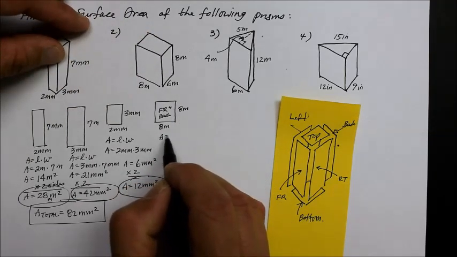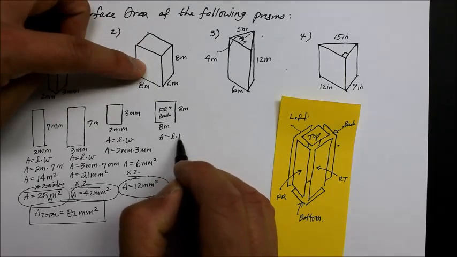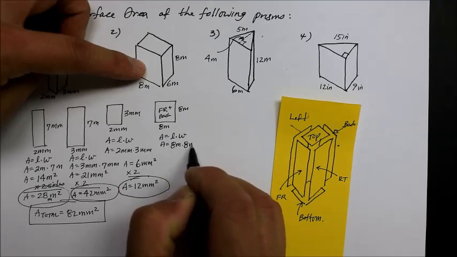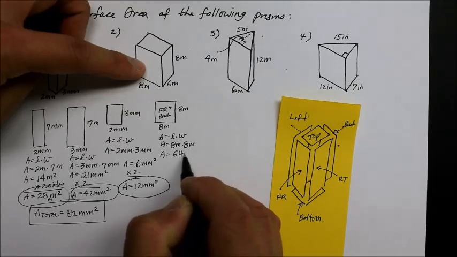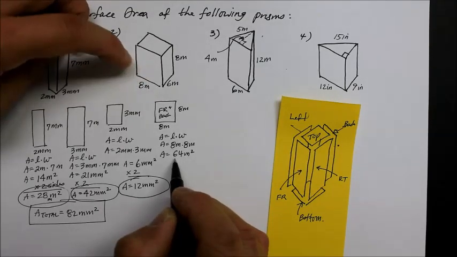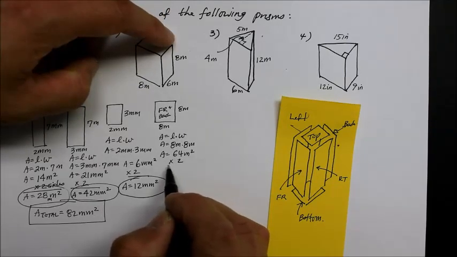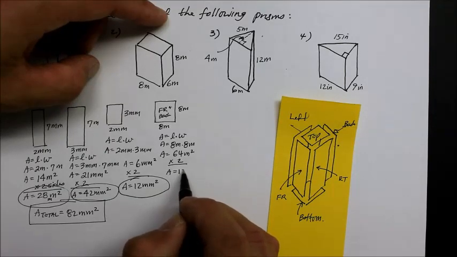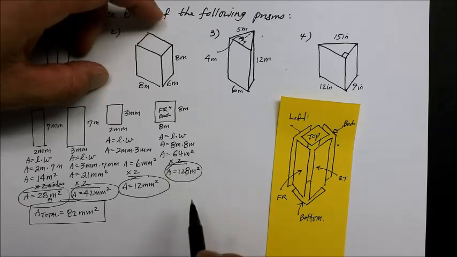Therefore, the area for just the front is length times width, 8 meters times 8 meters, which is 64 square meters. However, that's just the front. If we include the back, times 2, the total area for front and back combined is 128 square meters. So that's good.